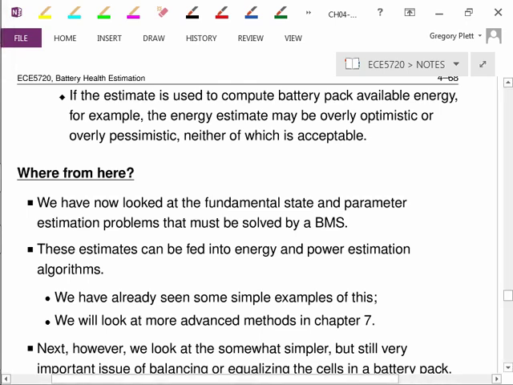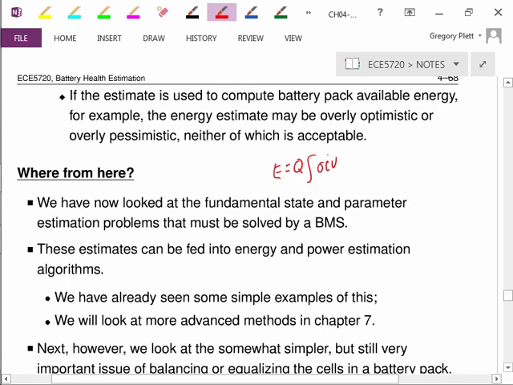The reason, remember, going all the way back to chapter 1, why do we even want to know capacity? Because we want to know energy. We have energy equals capacity times integral of OCV over the range of OCV that's used. If my estimate of capacity is wrong, my estimate of energy is going to be wrong too.